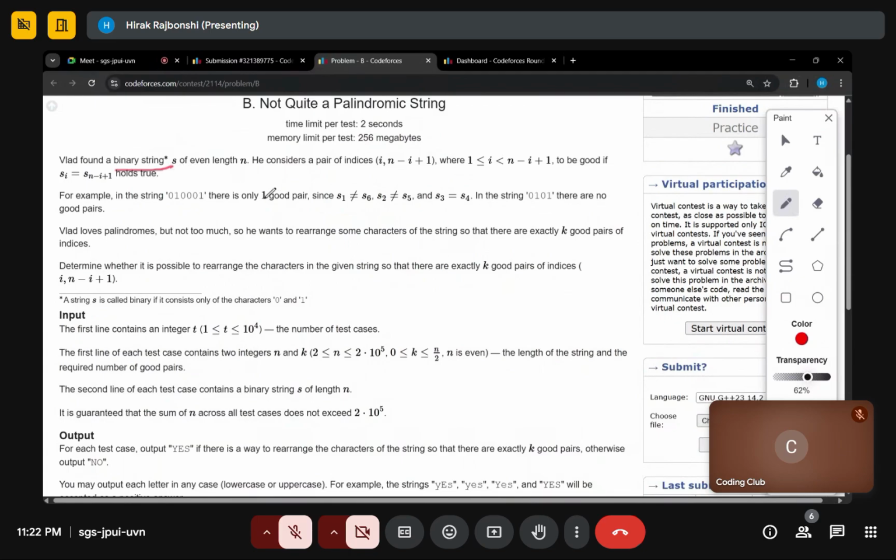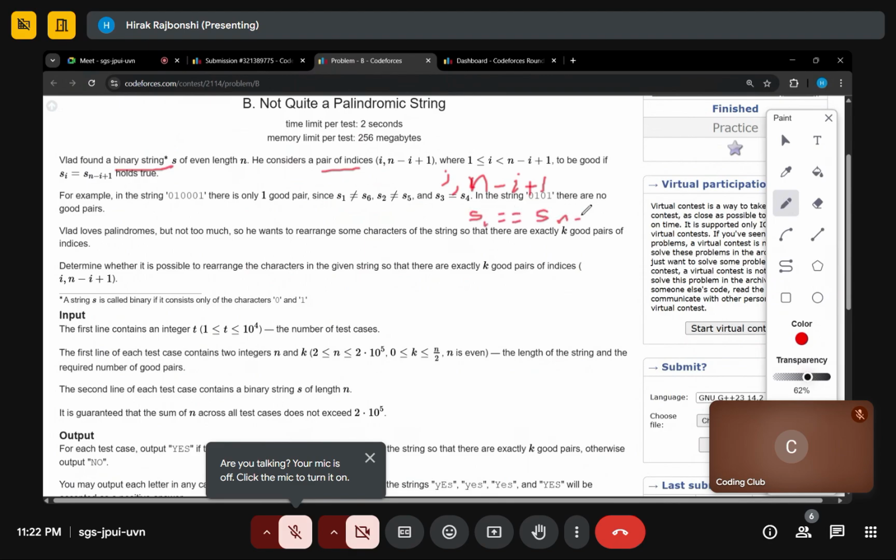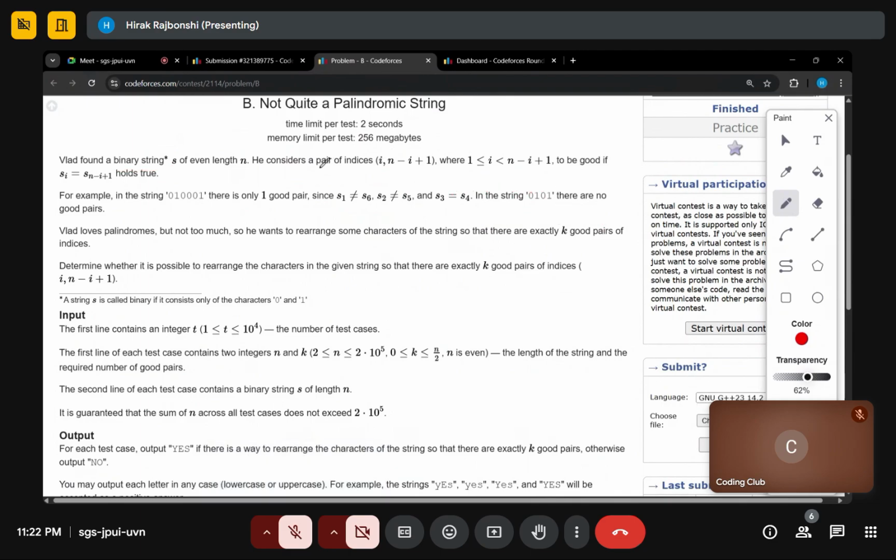A binary string only consists of zeros and ones, and a pair of indices is called good if s of i is equal to s of n minus i plus 1. Okay, this is the definition of a good pair of indices.